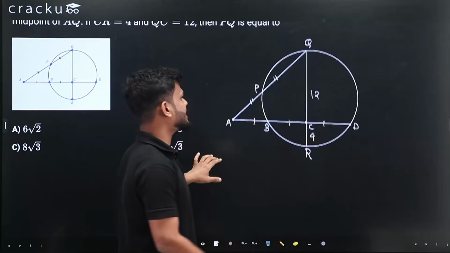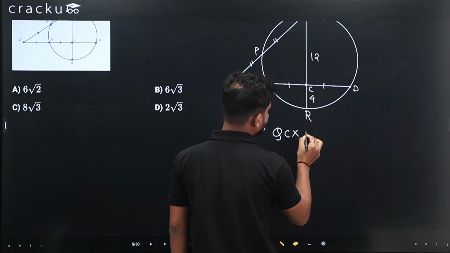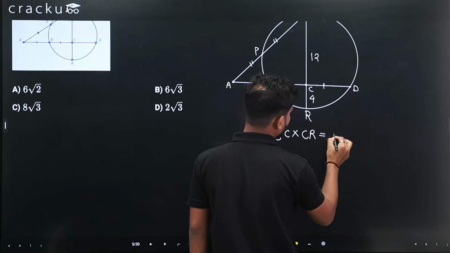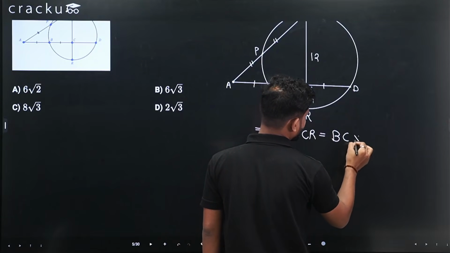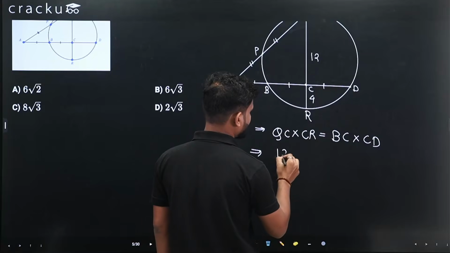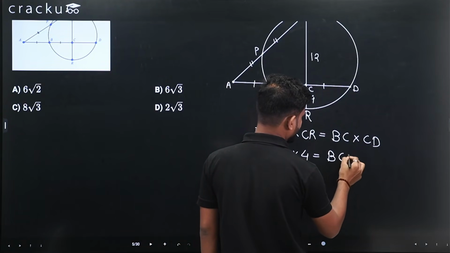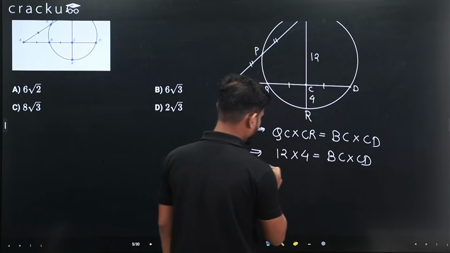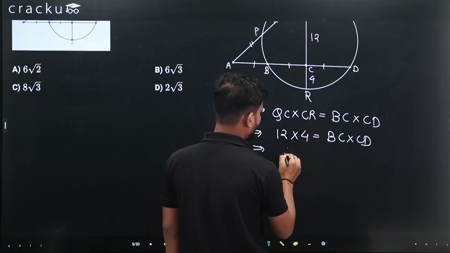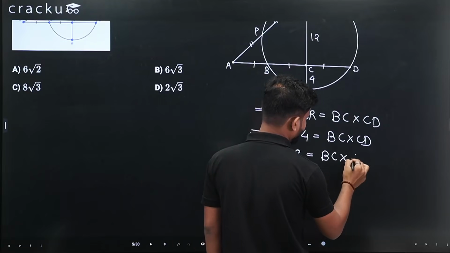So using the intersecting chord theorem we can write QC into CR is equal to BC into CD. What is QC? QC is 12. CR is 4. So from here we get 48 is equal to BC into CD.